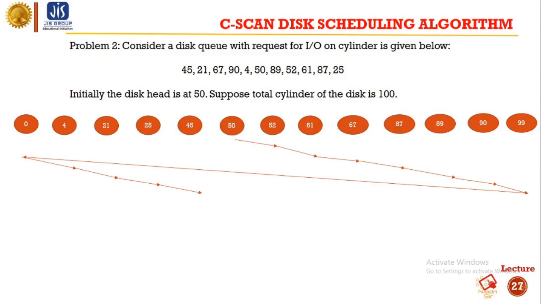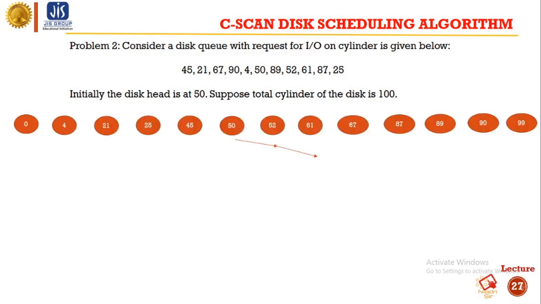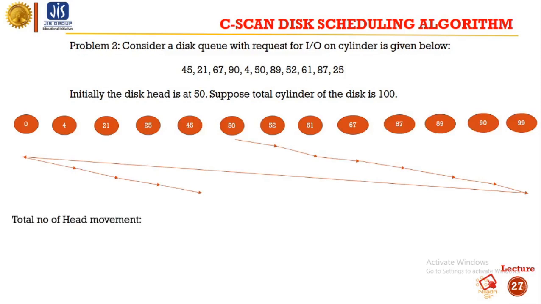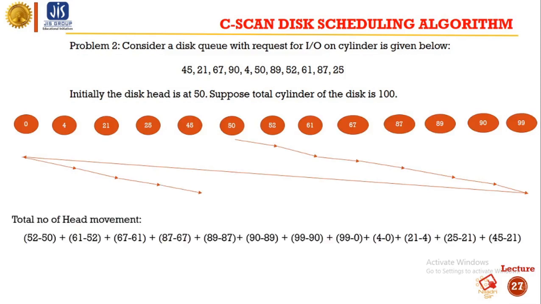So the total head movement is, from 50 to 52, that is 52 minus 50. From 52 to 61, that is 61 minus 52. From 61 to 67, that is 67 minus 61. From 67 to 87, that is 87 minus 67.